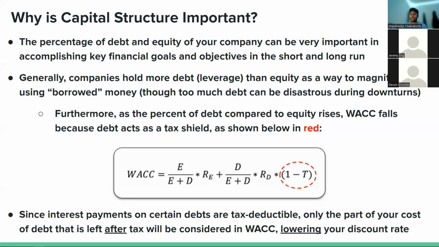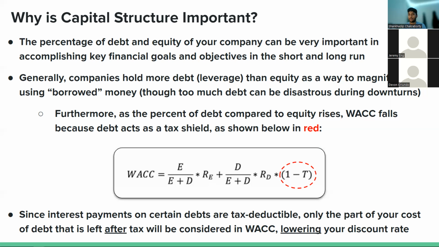Because in that sense, tax acts as a shield. It reduces your WACC. And when WACC goes down, that's good as the owner of a company or of a project. Because now, instead of my investors expecting 8% returns from me, they can only expect about 7 or 6% returns, depending on what the tax rate is, because it acts as a shield.